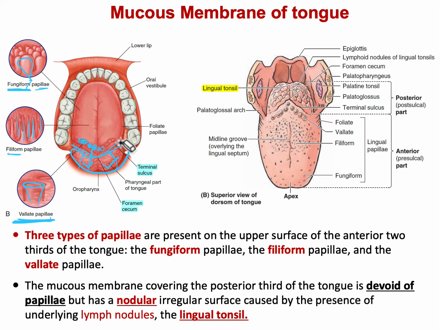Instead, you notice a kind of nodules here, lymphatic nodules that aggregate to form what are known as lingual tonsils. Lingual means related to the tongue. Again, on the right side, you'll see the lingual tonsils here, guys, forming the posterior 1/3 of the tongue.